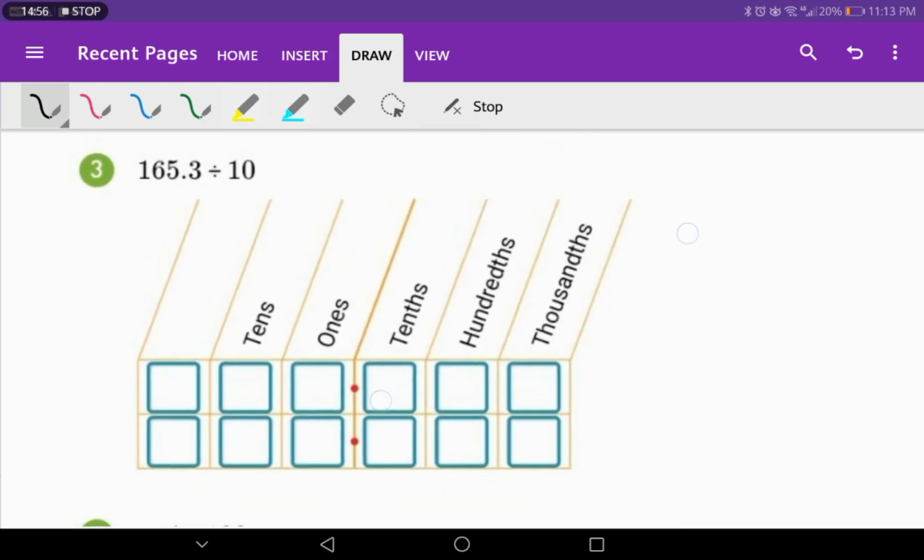Now divide. The number will be smaller, so the decimal point will move in this direction, yes, to be smaller. So one step to the left, so it will be 16.53. So the number before, it was 165.3.